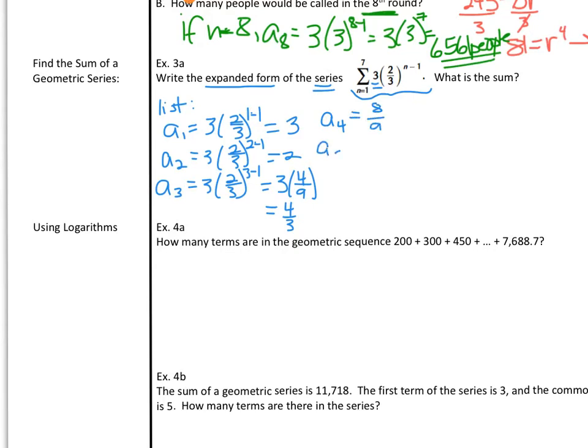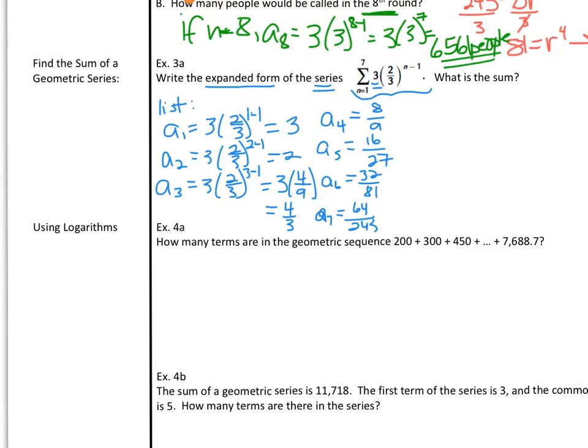A sub 5 would be 16/27. A sub 6 would be 32/81. And a sub 7, that final term, would be 64 over 243. Notice we're just taking the terms and multiplying them by 2/3 to get the next term.